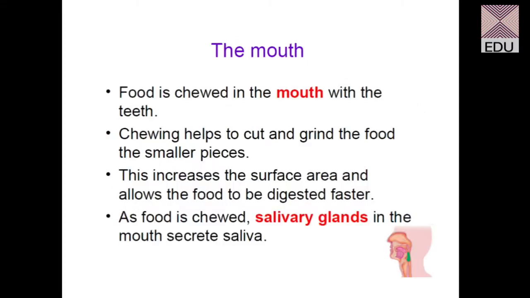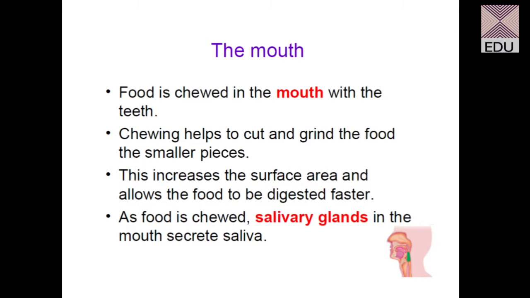So first of all, we are starting with the mouth. Now how the mouth will help to digest the food partially, mechanically or chemically. So food is chewed in the mouth with the teeth. So we all know that most of the vertebrates have got teeth, except birds, they don't have teeth, they have beaks.